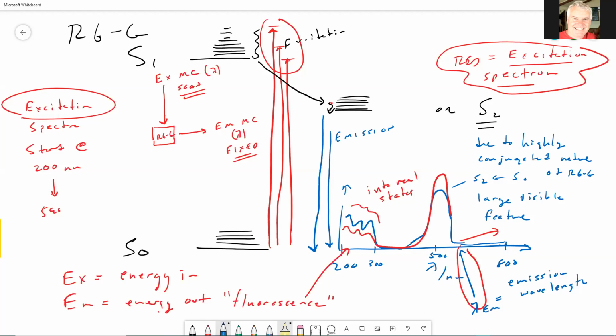For the emission spectrum here, we excite and we collect radiation at right angles.